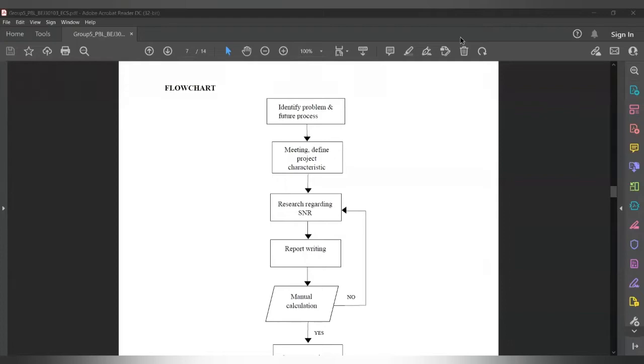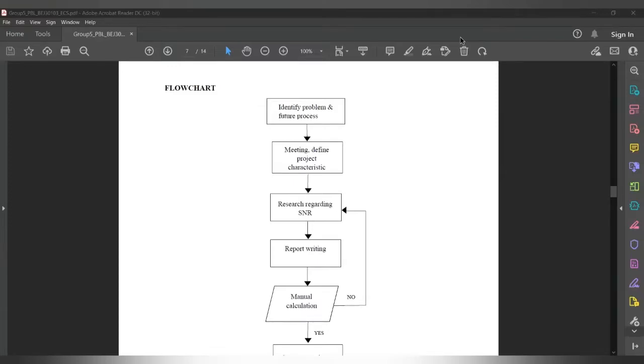So now I will explain the flowchart for our group PBL. First of all, of course, we have to identify the problem and also our future process. After that, we do a group meeting and define the project characteristics.